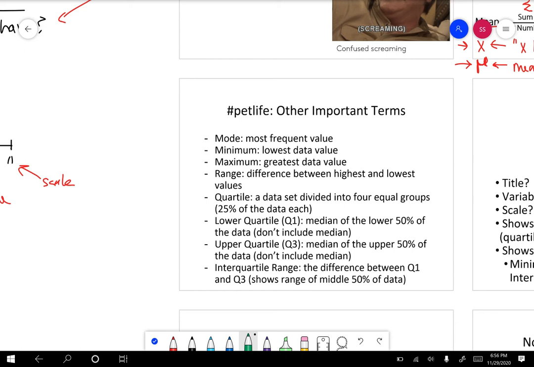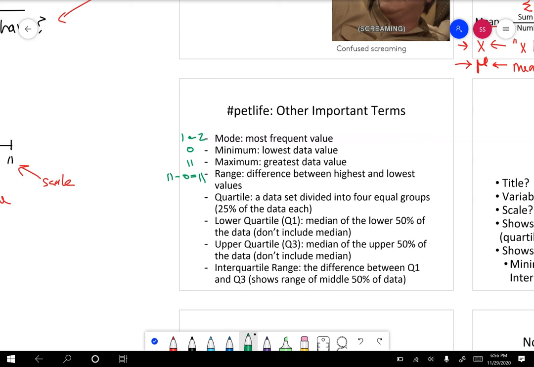Actually, I'm going to write these down while we're going through. Minimum was 0, maximum was 11. The range is the difference between the highest and the lowest values. What that means is you're going to take your maximum value, so 11, and subtract your lowest value, 0. So that means our range would be 11.